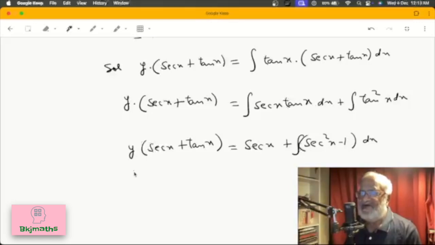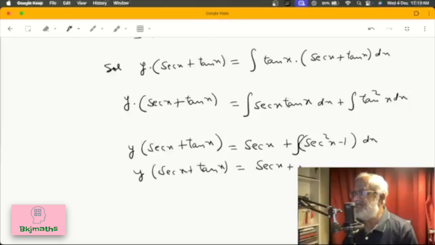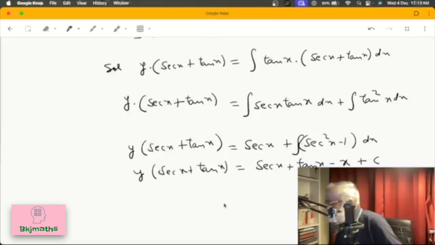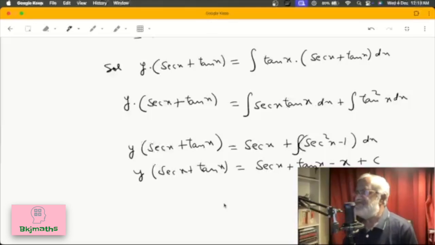So y into sec x plus tan x equals to sec x plus integration of sec square x, which is tan x, minus integration of 1, which is x, plus c. So this is the solution of the equation.